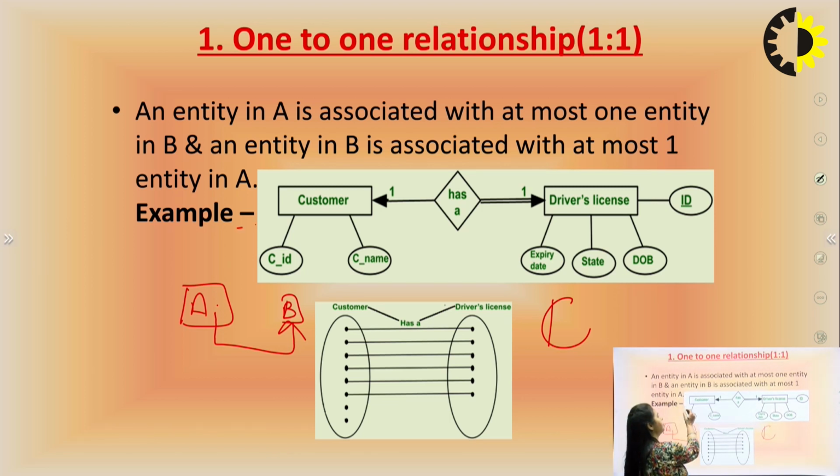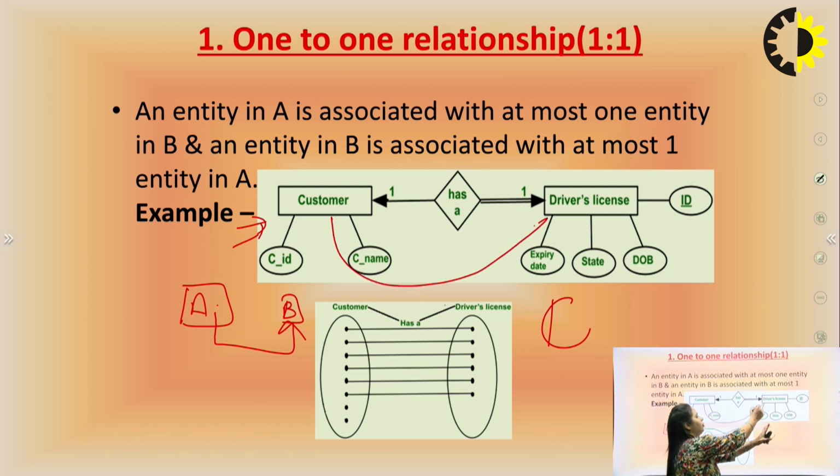Let's have an example so that it is clear what a one-to-one relationship is. Here we have customer and driving license. One customer may have only a single driving license, so an entity in A is associated with only a single entity in B. Now, a single driving license is associated with only a single customer.